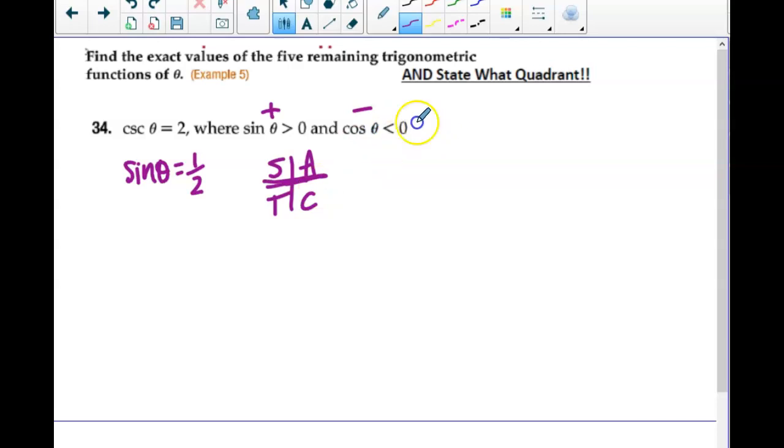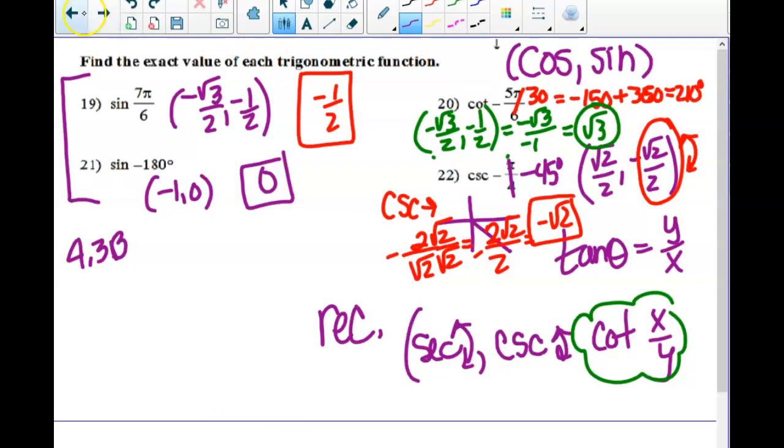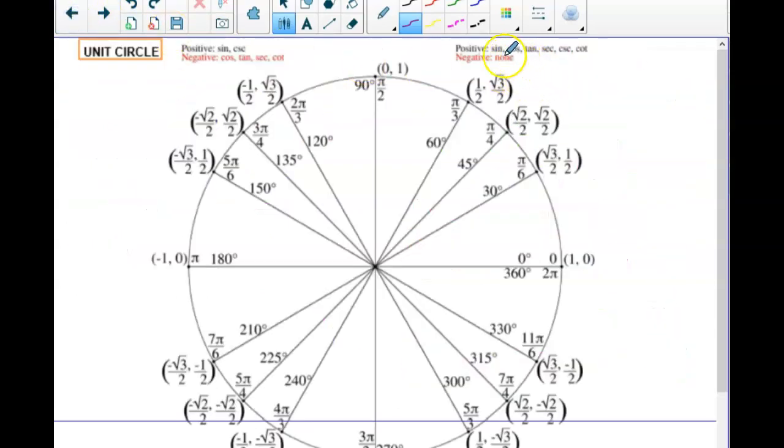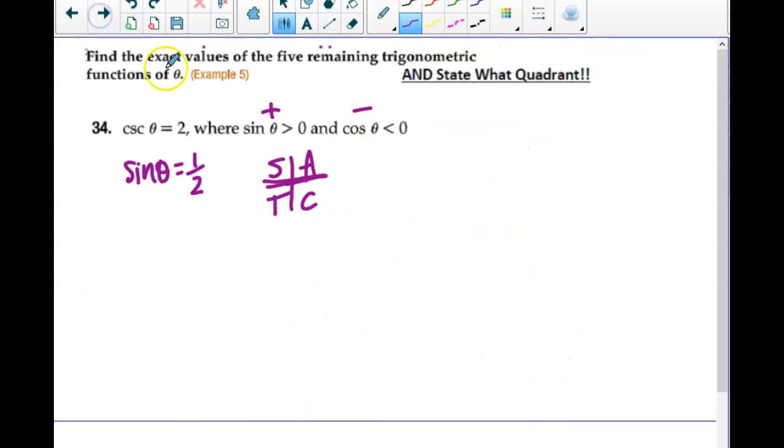Okay, where is the cosine negative and the sine is positive? Can you find it on the unit circle? Doesn't it say right up here, in the little print? What quadrant would we be in?